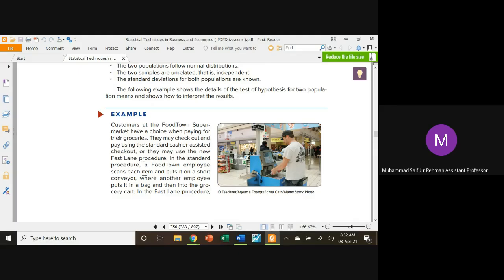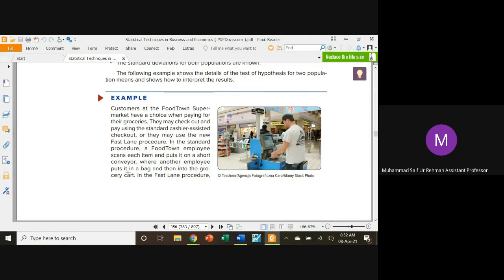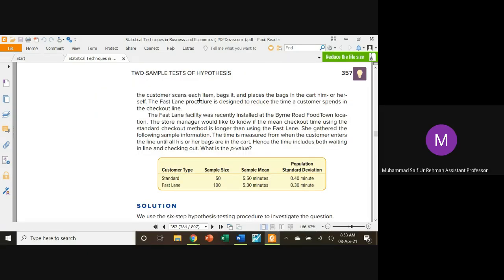In the standard procedure, a Food Town employee scans each item and puts it on a short conveyor, where another employee puts it in the bag and then into the grocery cart. In the fast lane procedure, the customer scans each item, bags it, and places the bags in the cart himself or herself. You normally observe this in big metro malls, shopping malls.